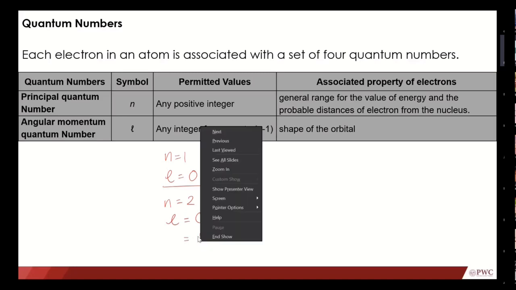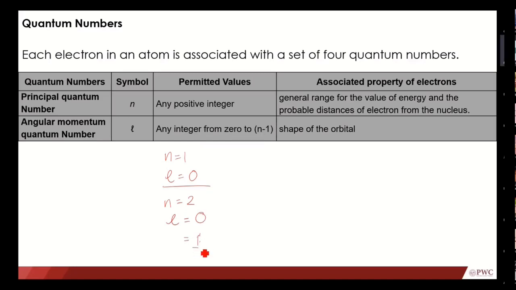Right. So when n is equal to 2, we can have two possible values for l. So that's l is equal to 0 and l is equal to 1. So in this case, on the second energy level, there are two sublevels. That's the 0 and then the 1.